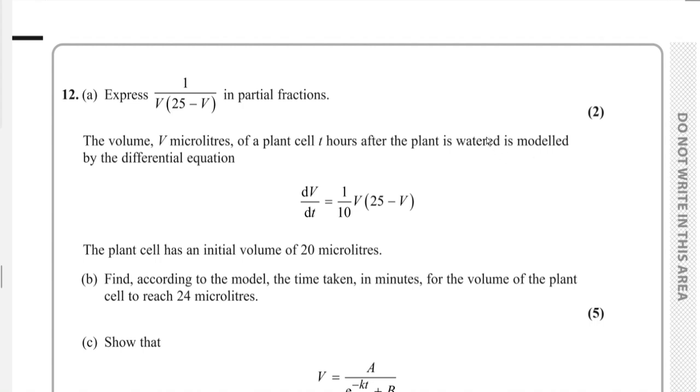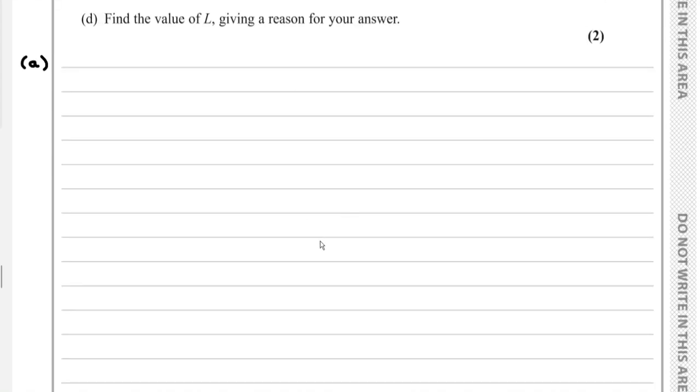Question 12, Part A. Express 1/(v multiplied by (25 subtract v)) in partial fractions. So for Part A, we can write 1/(v multiplied by (25 subtract v)) as a/v plus b/(25 subtract v).